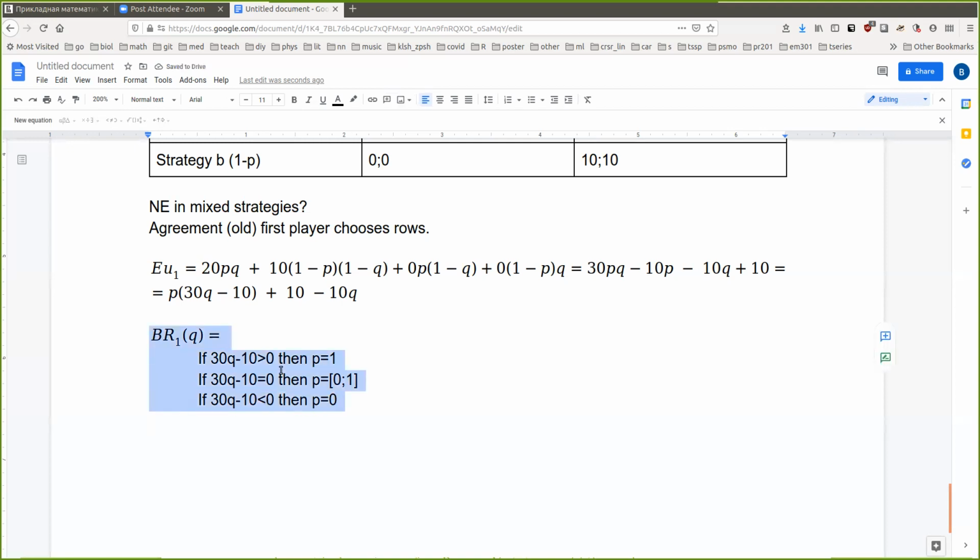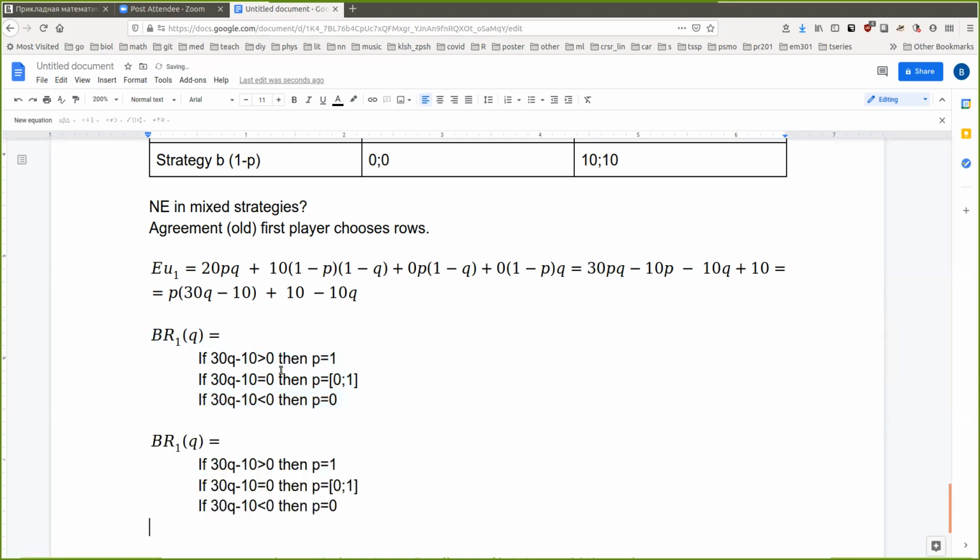Because my game is simple and symmetric, I can just write the same function, interchanging P and Q, and I have the best response function for the second player. What is the optimal action for the second player, given the action of the first player?